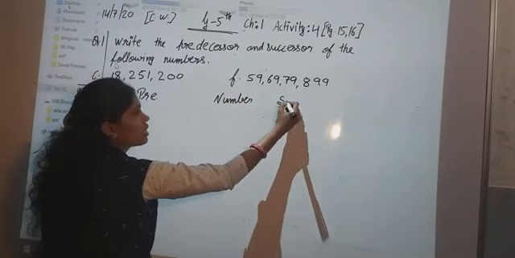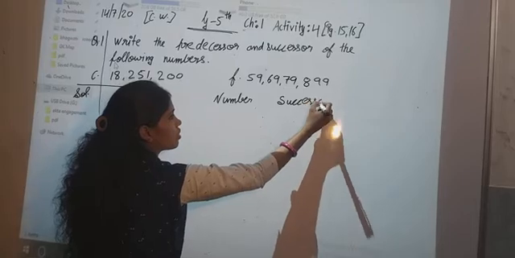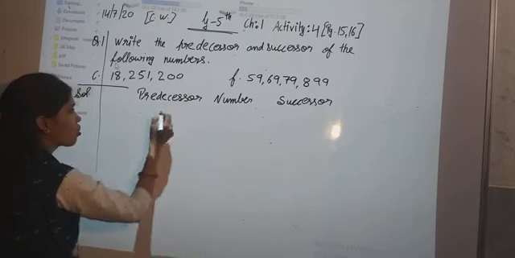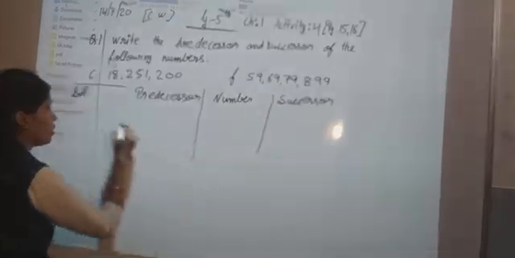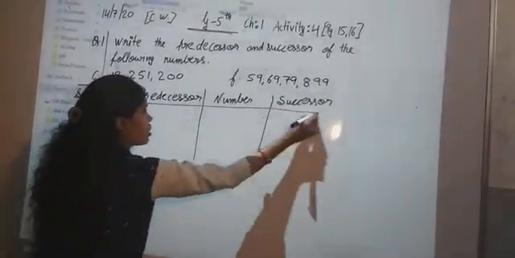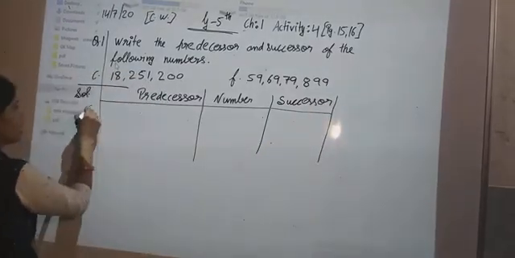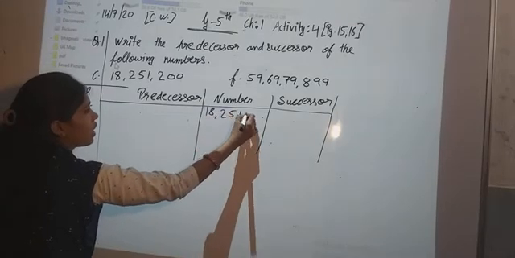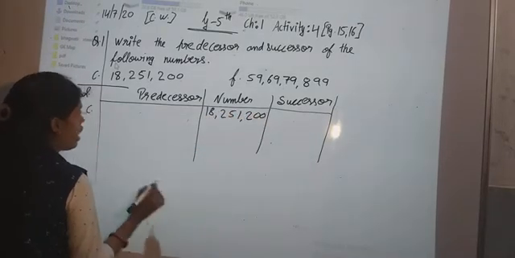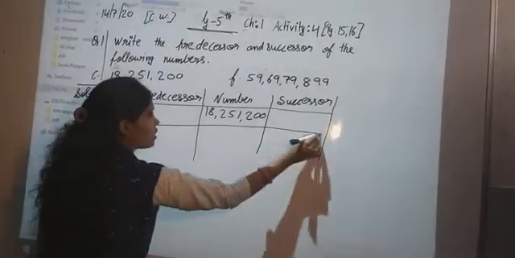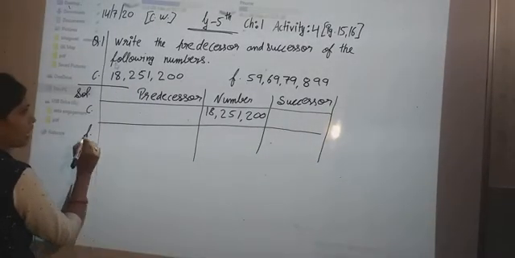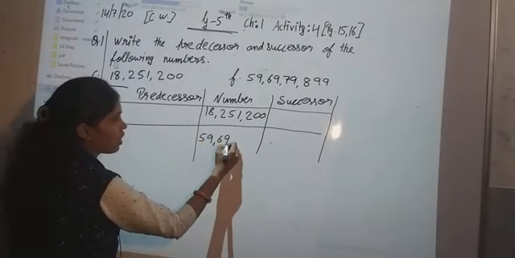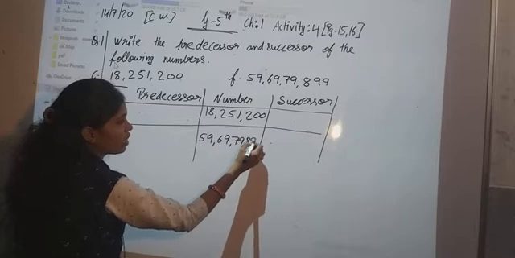And we will write the second number: 59, 69, 79 and 899.